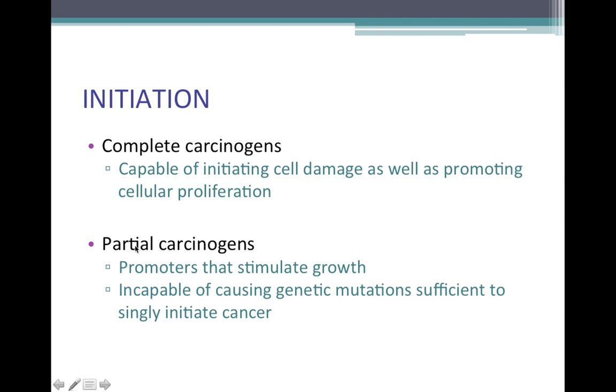So an example of a partial carcinogen could be stomach acid that can reach your esophagus. And that stomach acid can cause your cells in the esophagus to grow more rapidly. And as those cells start dividing more rapidly, they can accumulate mutations randomly that can actually lead to cancer.